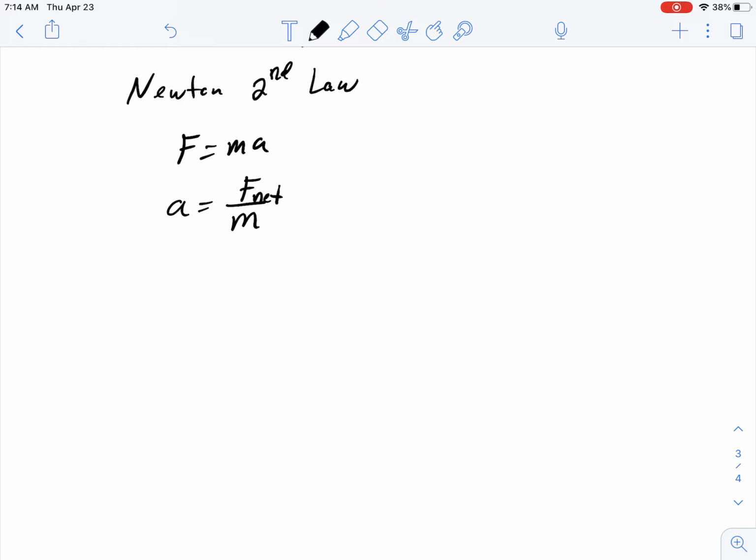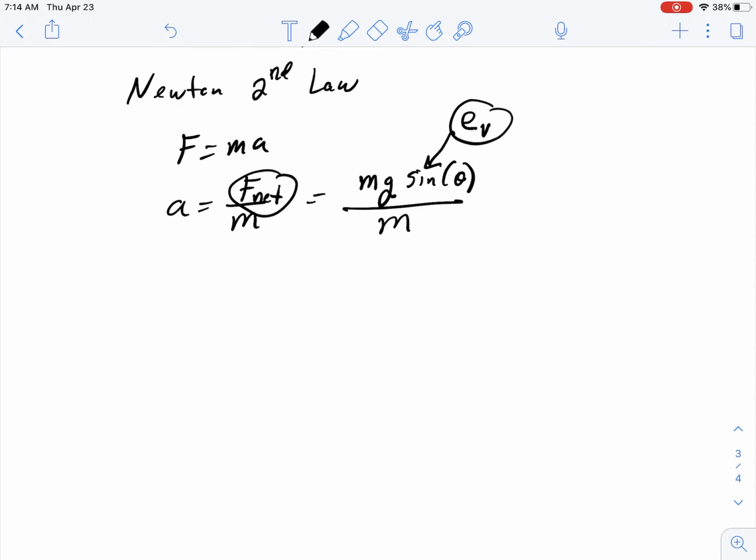And your force is your net solution. So your net solution would be your mass times gravity, which we just did up here, sine of theta, over your mass.